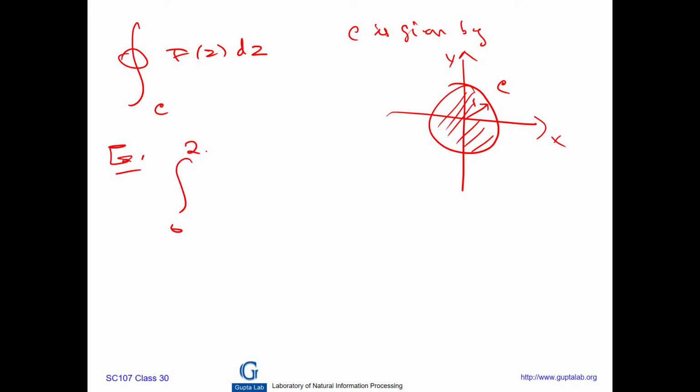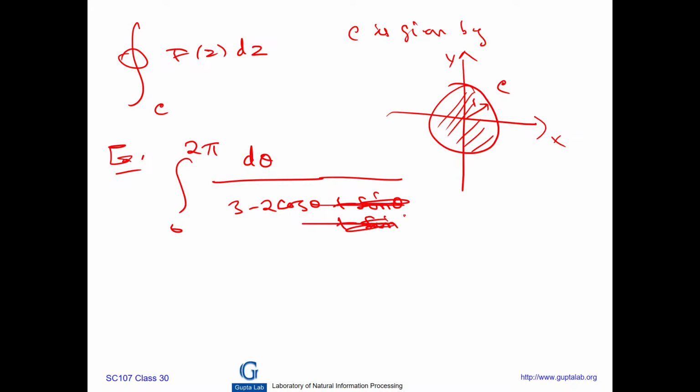So let us take an example: the integral from 0 to 2 pi of d theta divided by 3 minus 2 cos theta plus sin theta, right? Okay, so put z is equal to e raised to power i theta.